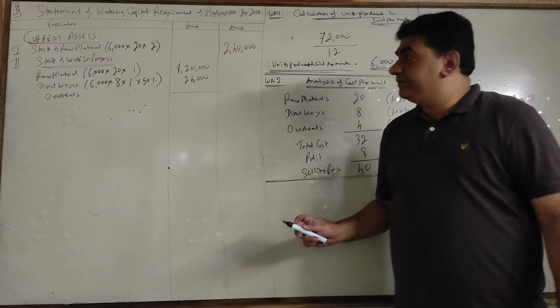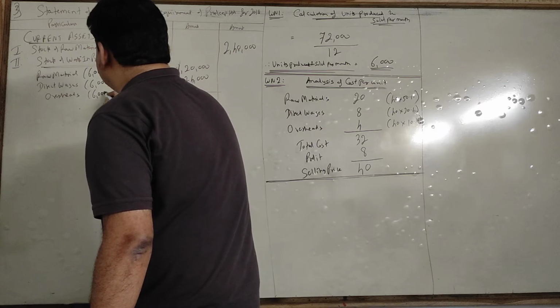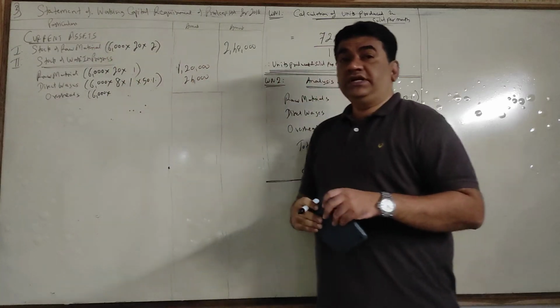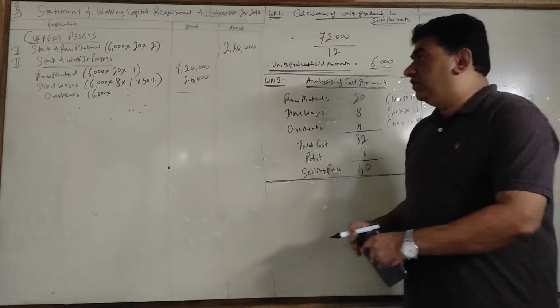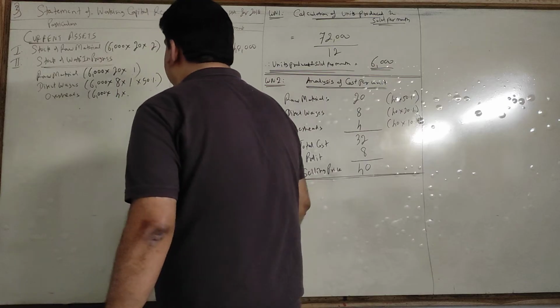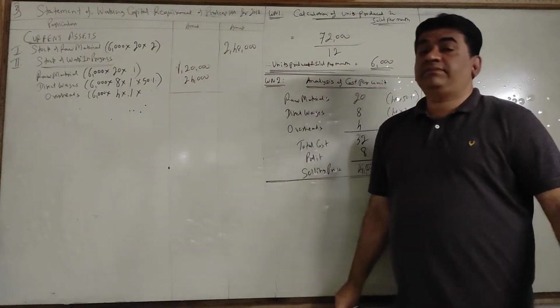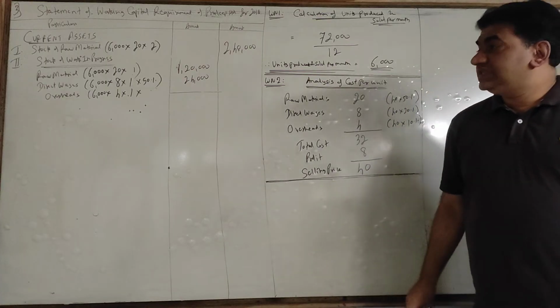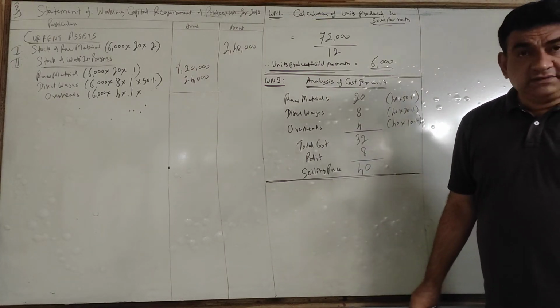Getting it? Same. Overheads. Units are common, 6,000. What I told you? The units in the first working note will be common everywhere. Overheads will be 4. Same. Period multiply by 1. So 6,000 into 4 into 1.